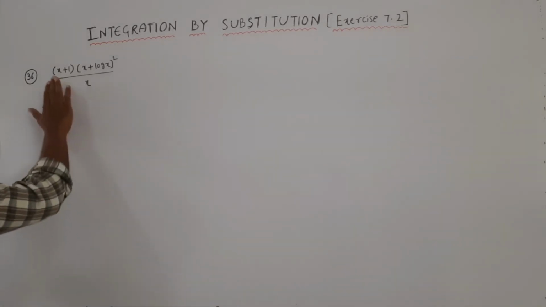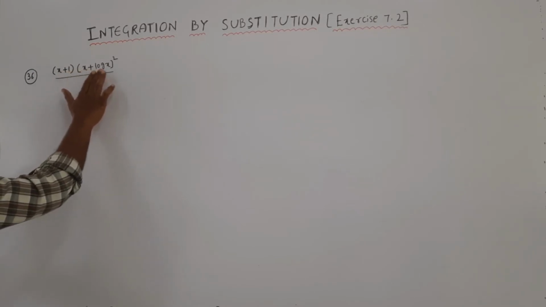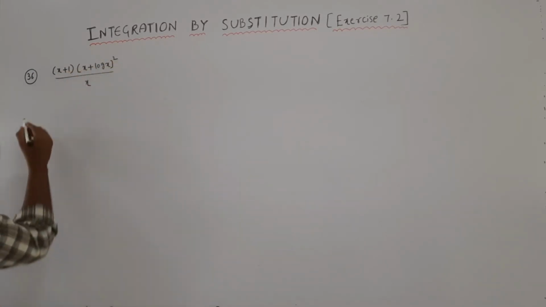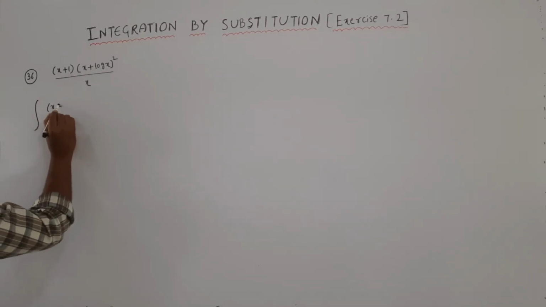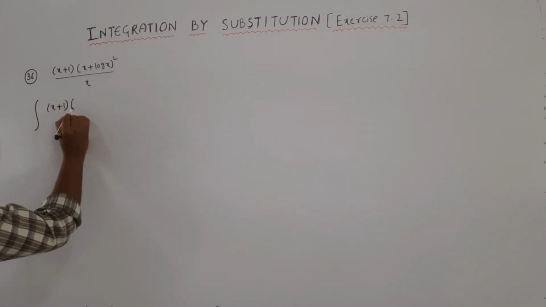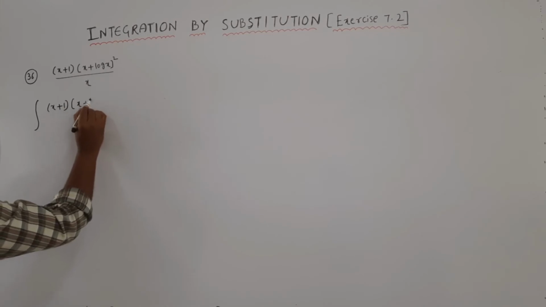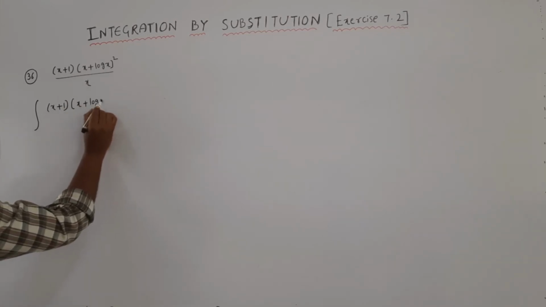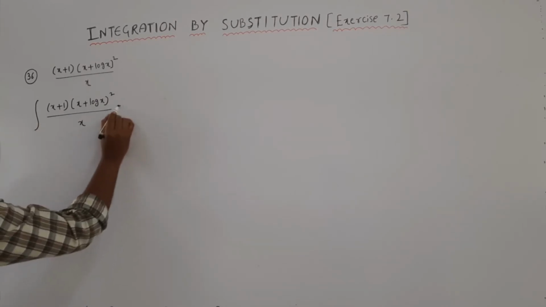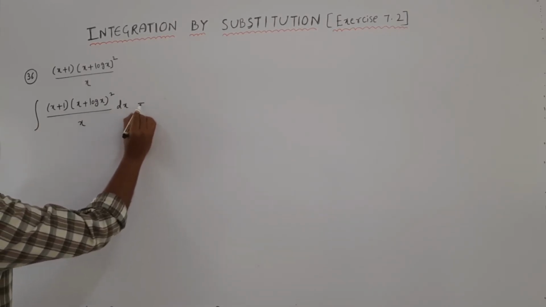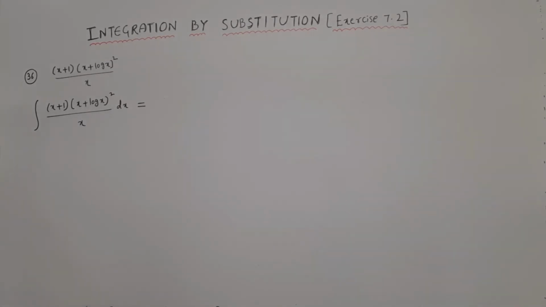The question is x plus 1 into x plus log x whole square by x. We have to find the integral for this. Here I am going to arrange. If you want to, you can arrange, otherwise you can do it directly.